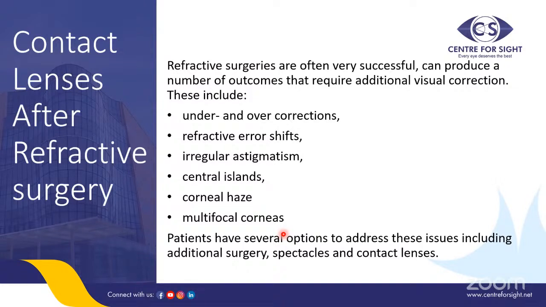Patients can have several options to address these issues. And if we are planning a surgery and want a temporary option, we can always opt for these contact lenses or spectacles before undergoing a permanent surgery.